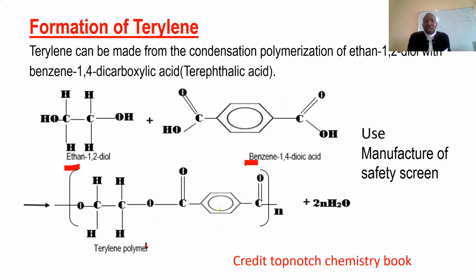The same scenario is here. Nimesema the hydroxyl group, OH, the OH comes from the acid, not the alkanol. So juu ya hiyo story sasa, the ethan 1,2-diol itatolewa nini? The hydrogen. So angalia sasa.